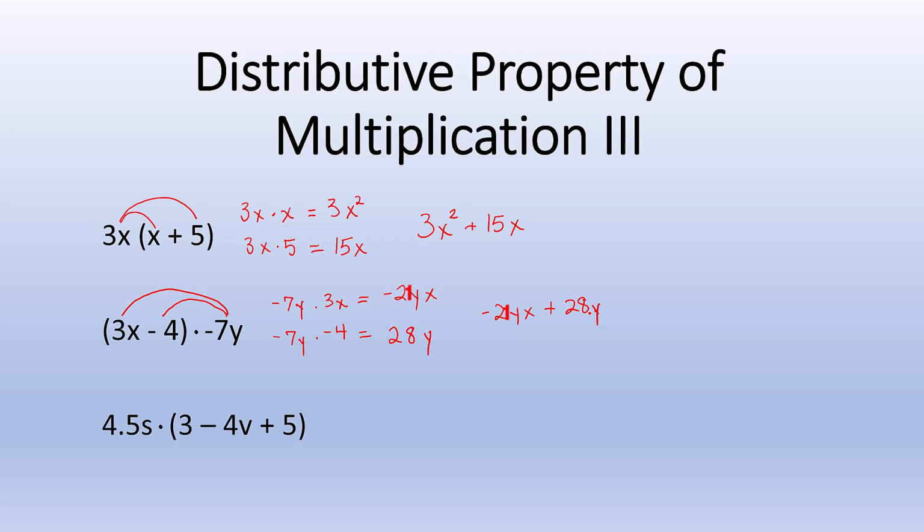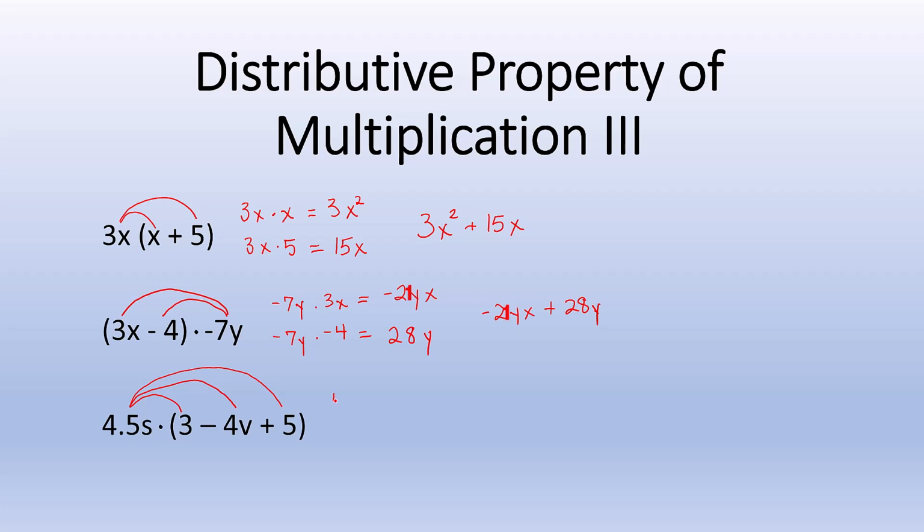Okay, and in our last example, we have 4.5s multiplied by 3, 4.5s multiplied by negative 4v, and then multiplied by 5.